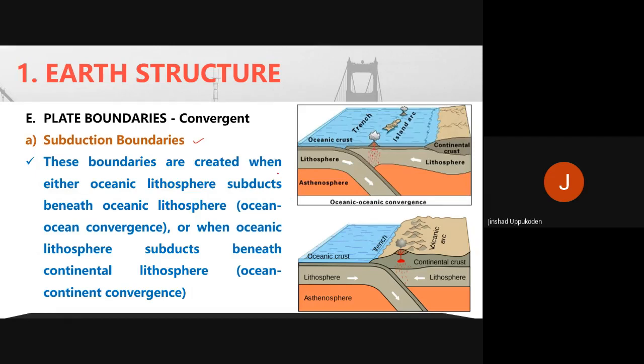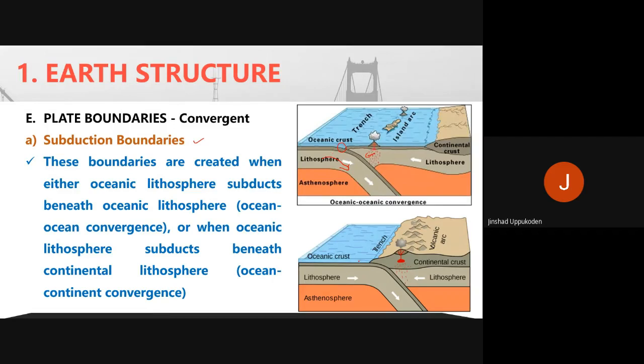These boundaries are created when either the oceanic lithosphere subducts beneath the oceanic, means one plate at the oceanic point is going below the other plate near the ocean part. This is called one type.